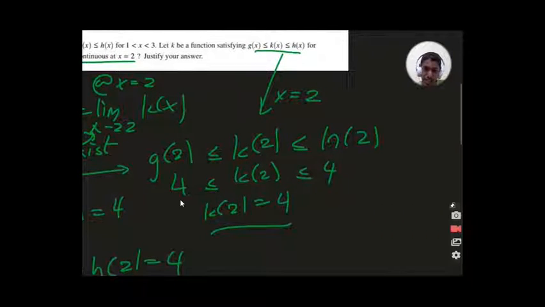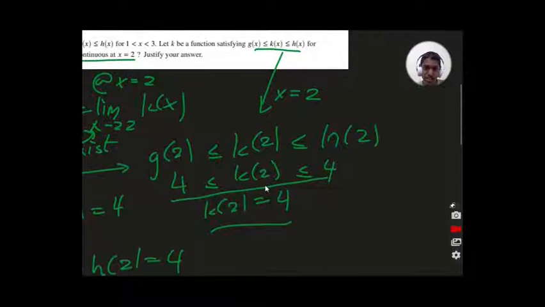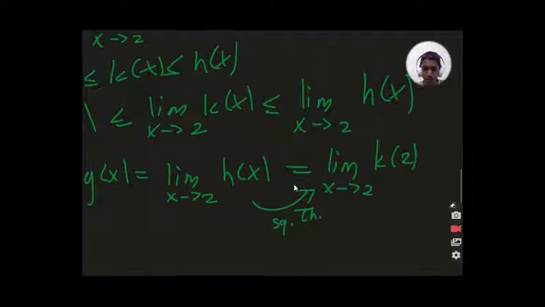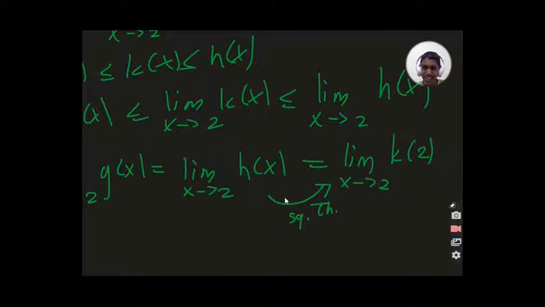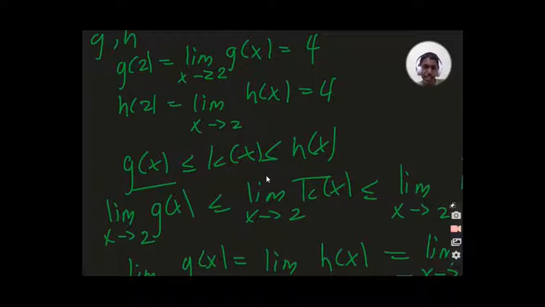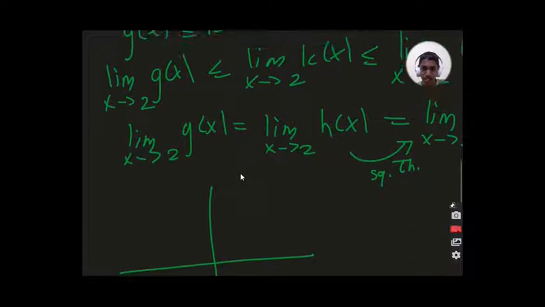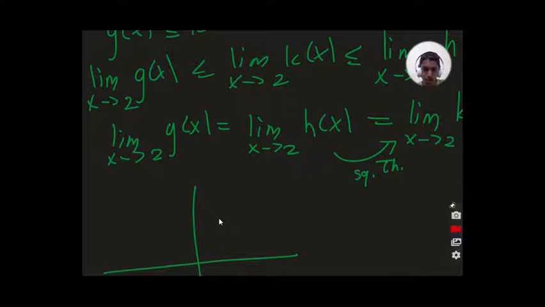And for the same reason, the same way that we got to k of 2, it's because the function k doesn't have anywhere to go but 4. It's like the other two functions are squeezing in k. So we're talking about 2, 4s. Maybe this is the point, maybe this is your g, maybe this is your h. I don't know, probably not.